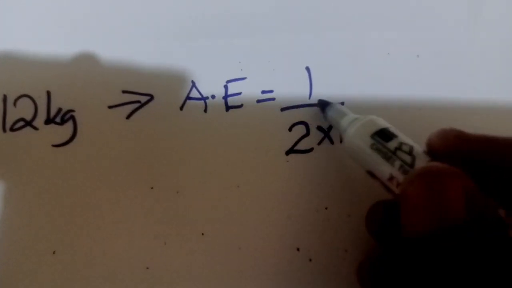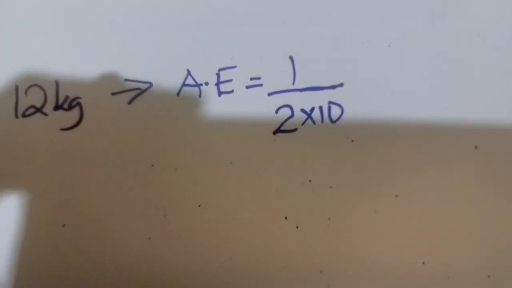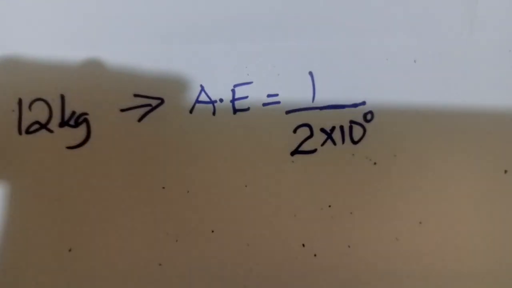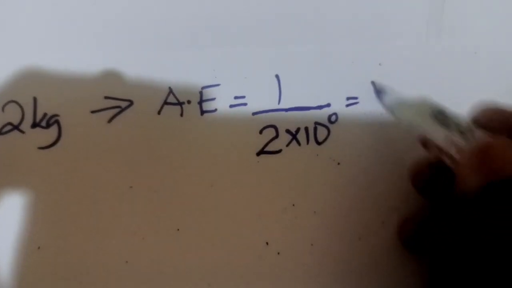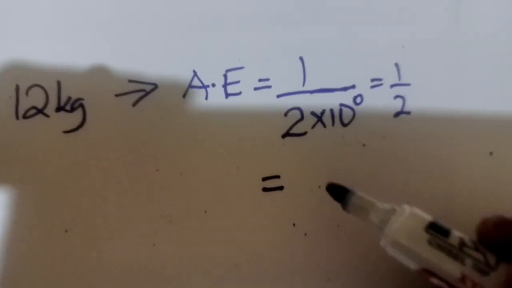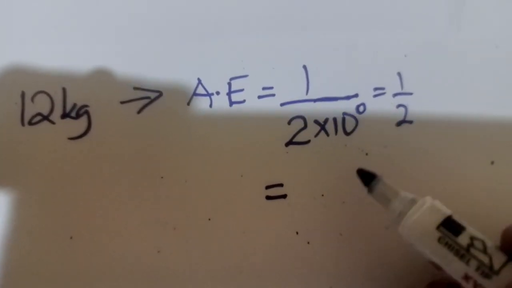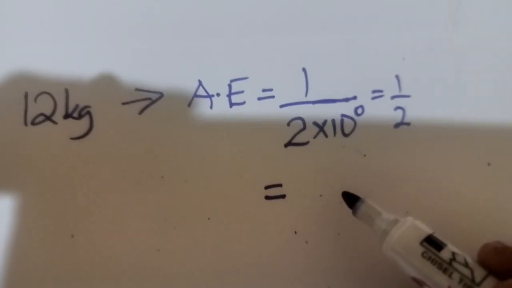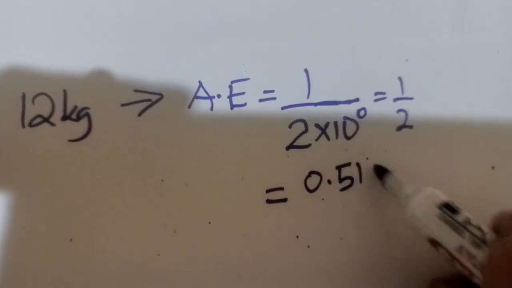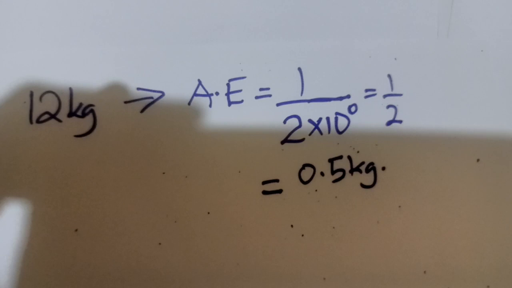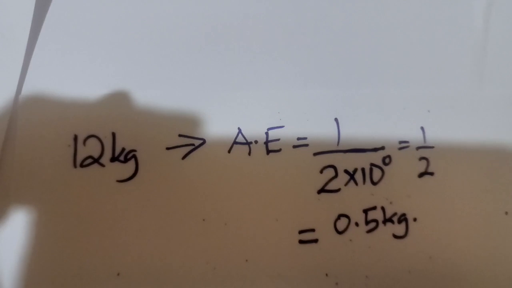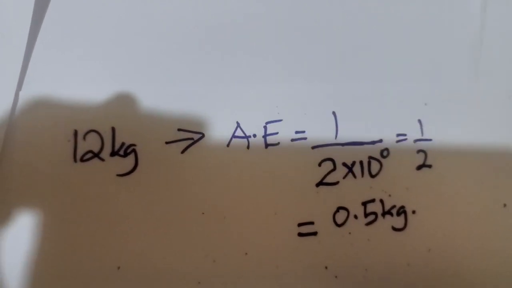No decimal places. And how do we represent no decimal places? 0. And that becomes 1 over 2. So the absolute error when we have a measurement given as a whole number is 0.5. So in this case, it will be 0.5 kilogram. So that formula applies to all cases from 0 number of decimal places to infinity.